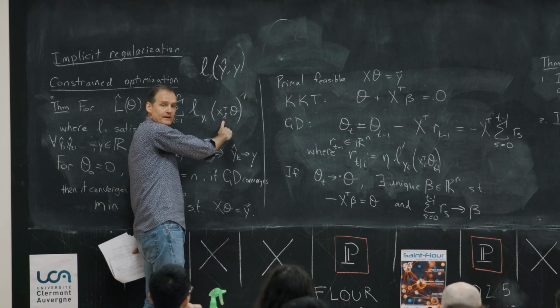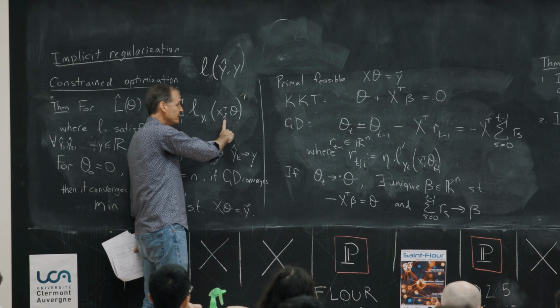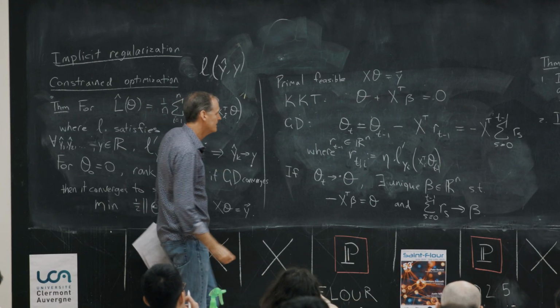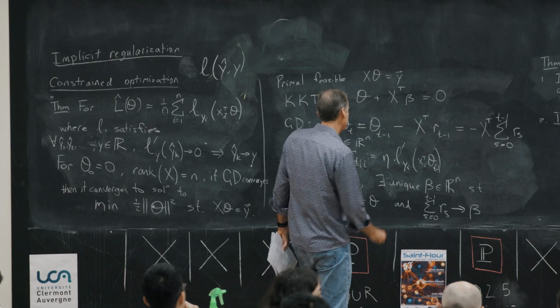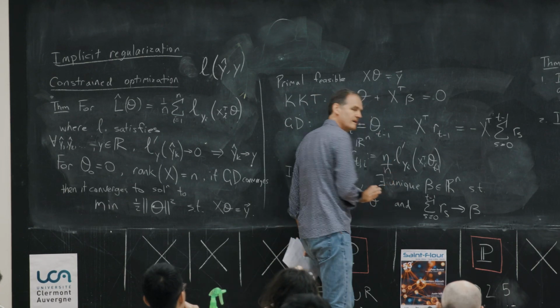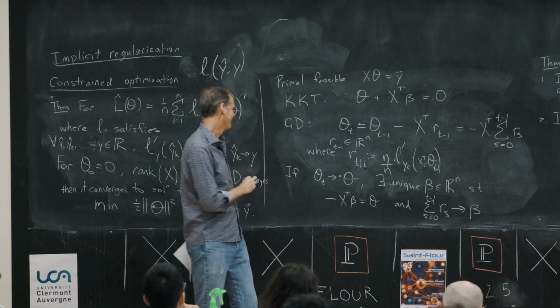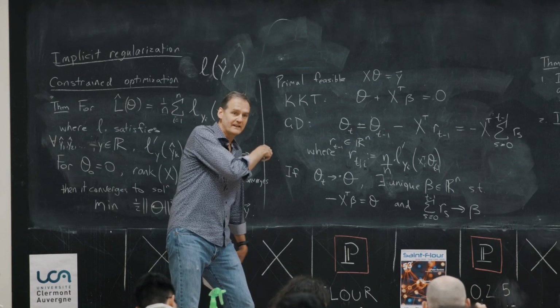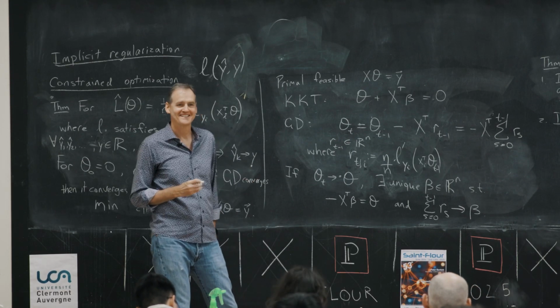The xi comes from the derivative with respect to theta in here. I think I've missed a 1 over n here somehow. Is that right? Yeah, this should be like this. Was this the issue? Thank you.